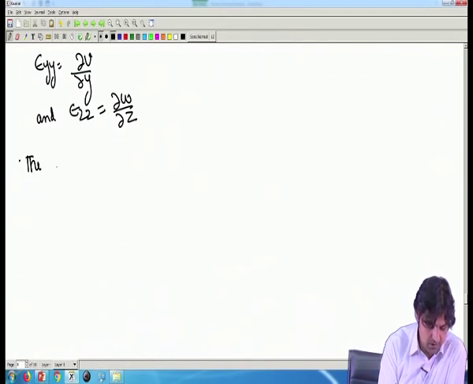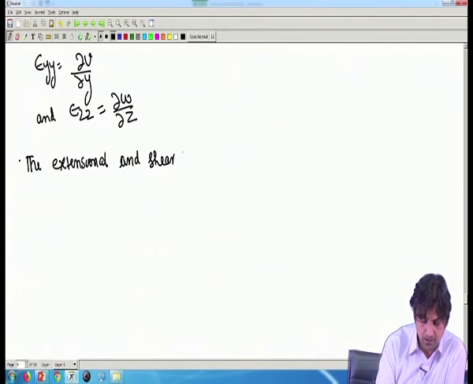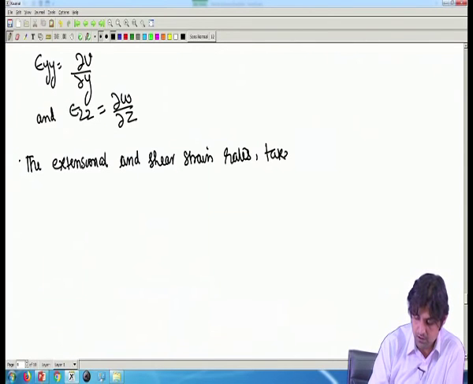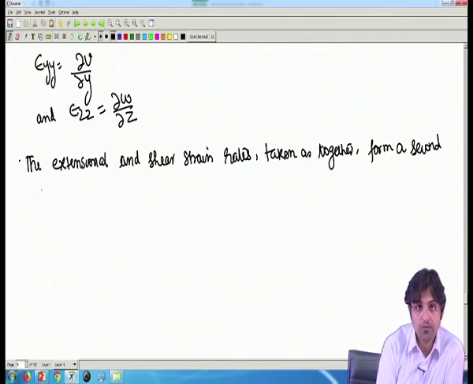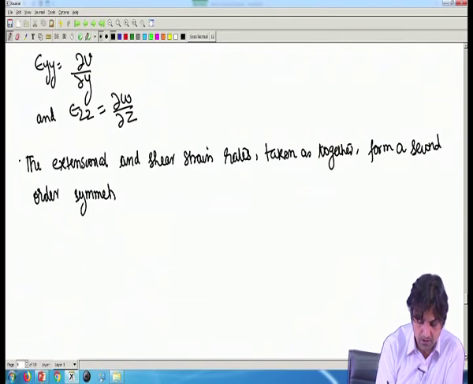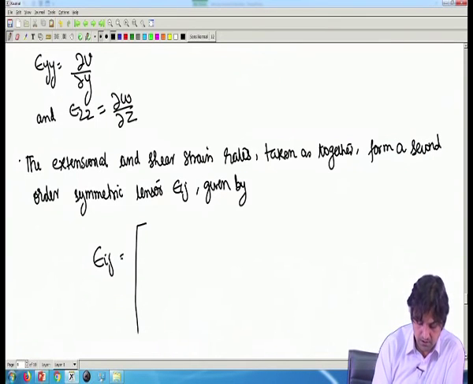So the extensional and shear strain rates taken together form a second order symmetric tensor epsilon ij given by, so epsilon ij, see, this is quite important.